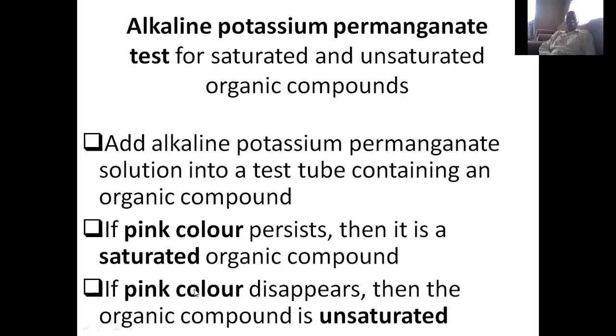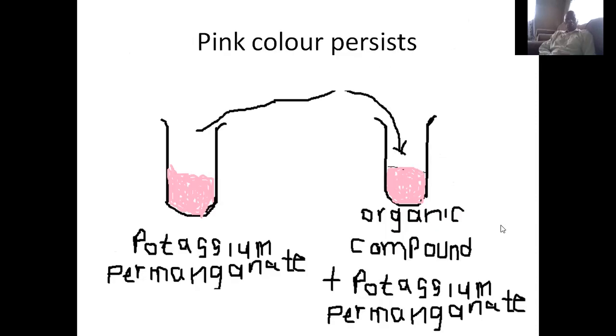In a test tube containing an organic compound, you add the pink potassium permanganate. And in the end, we have the organic compound plus potassium permanganate.